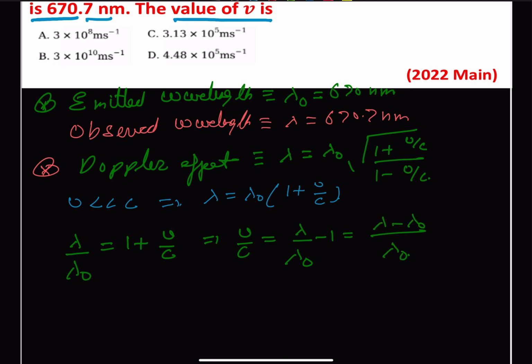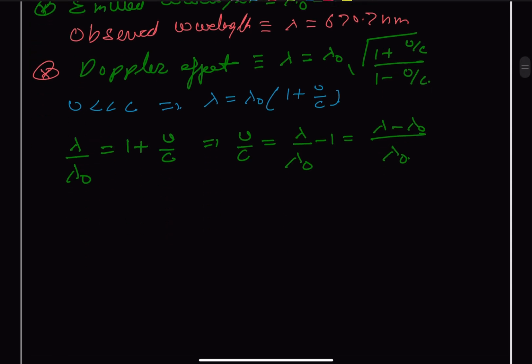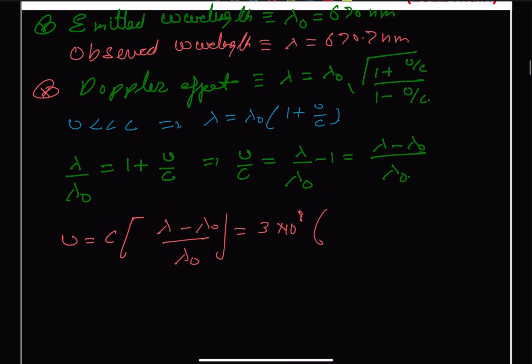And we have our V is equal to C times lambda minus lambda naught divided by lambda naught. And we know all these values. So we substitute it. We have velocity of light 3 into 10 to the power 8, lambda was our 670.7 minus 670, divided by 670.